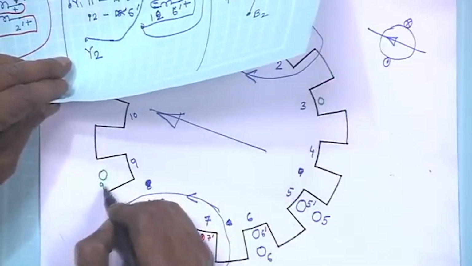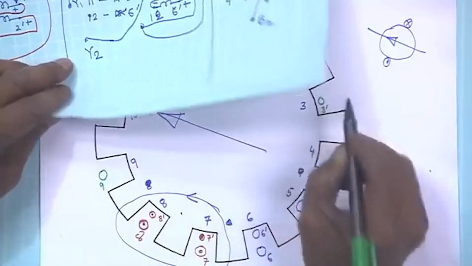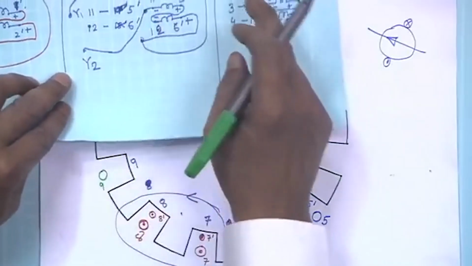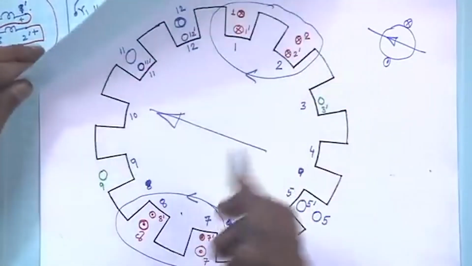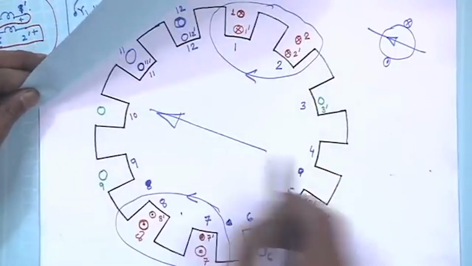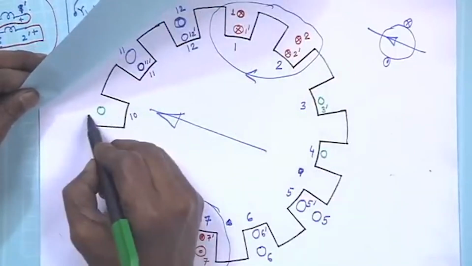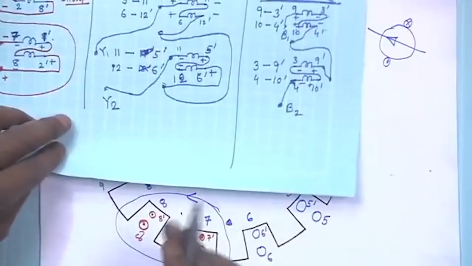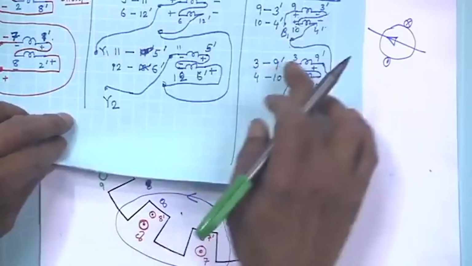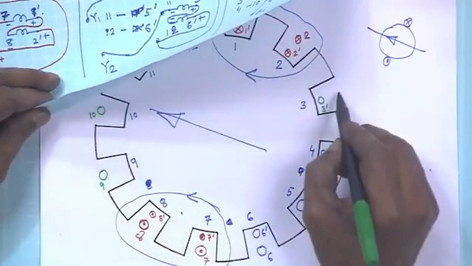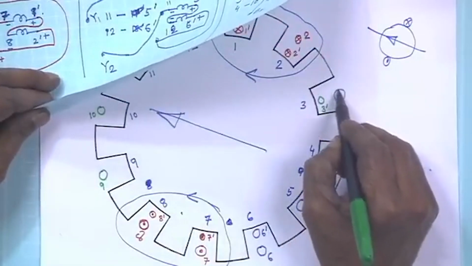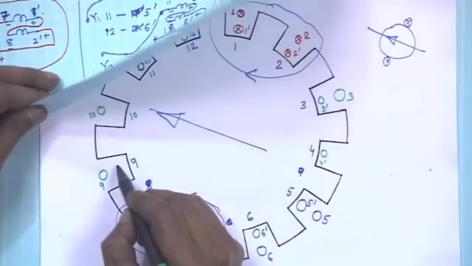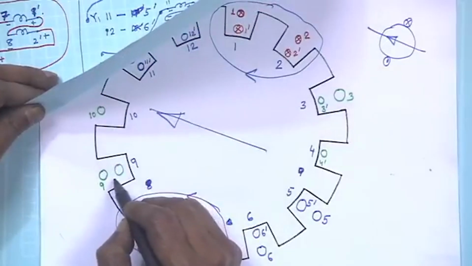One coil is here, and then 10 4 dashed, and then 3 9 dashed, that is the start of the second group, 3 and its return is 9 dashed.